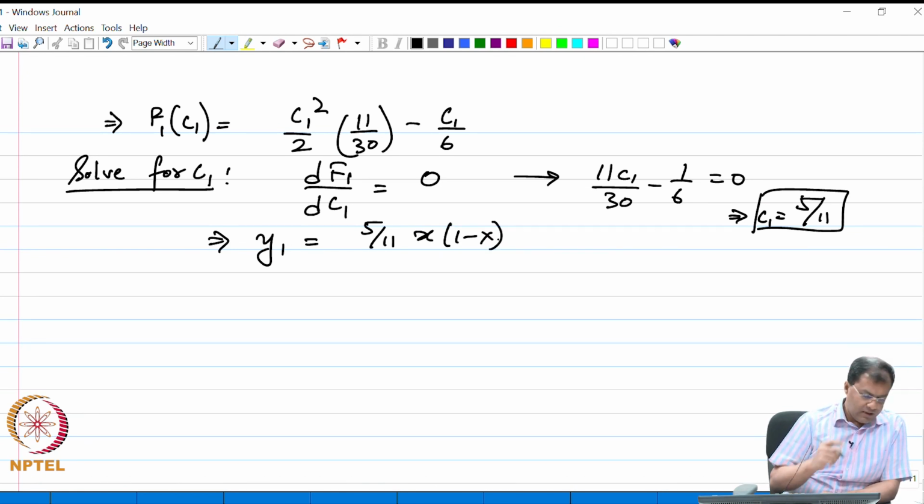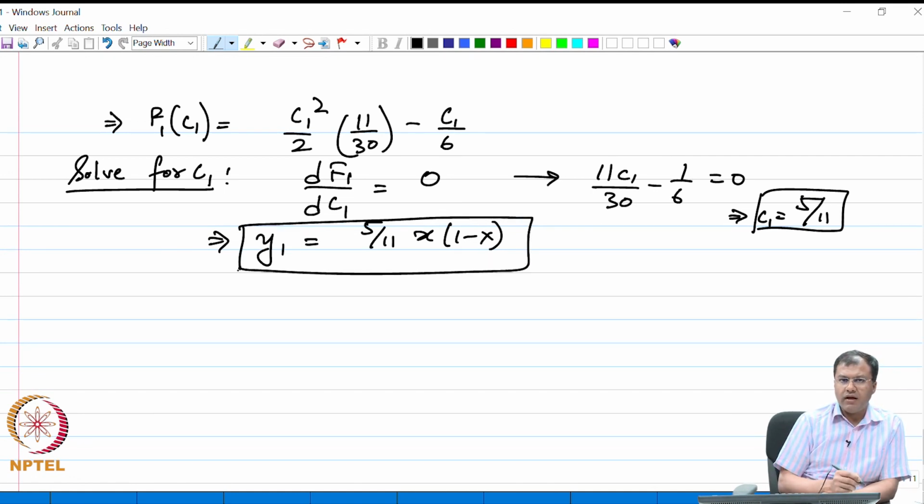Okay. So, from here I get that my solution y1 is C1 times phi 1, which is this, and this is my approximate extremal that we have obtained using the Ritz method.